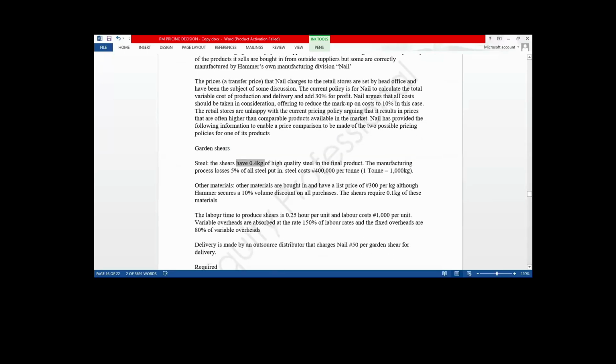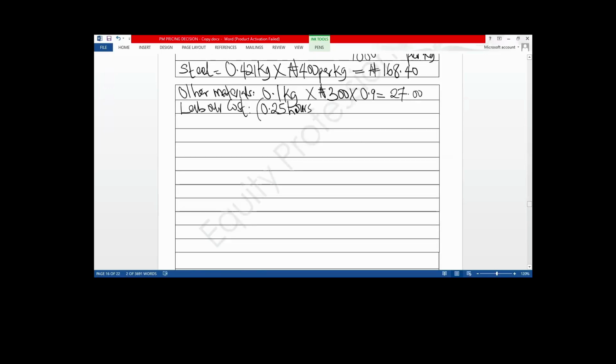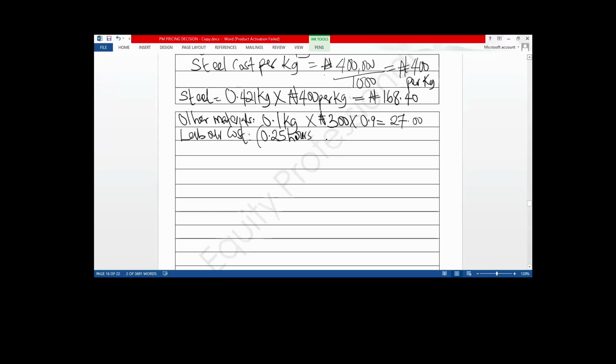The examiner says the labor time to produce the spare is 0.5 hours per unit. And labor cost is 1,000 naira per unit. Both of them are in units. Therefore, labor cost multiplied by 1,000 naira.